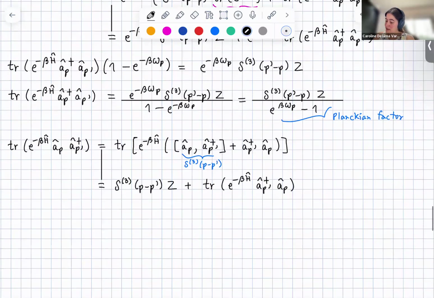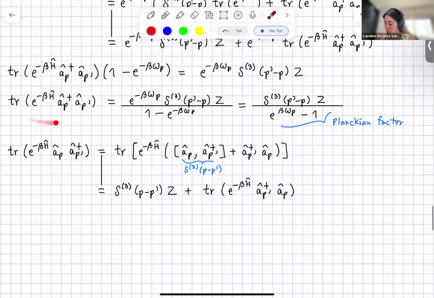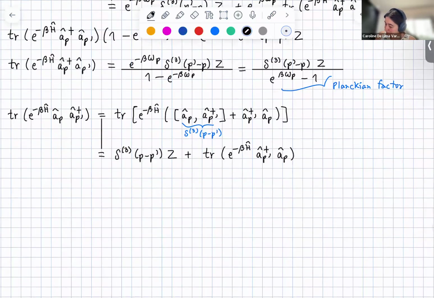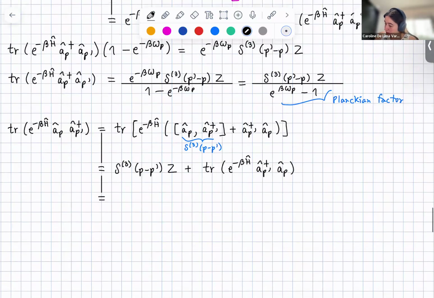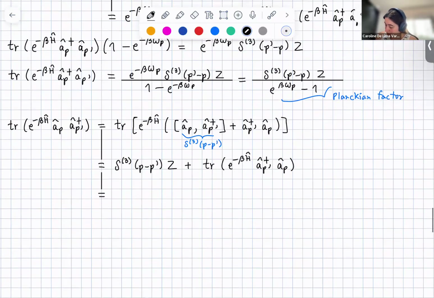A_P. But this is just what we just computed, right? We just have that this trace of e to the minus beta H times the creation on P, annihilation on P prime is going to be this. So the only difference between this and this one is that we have to swap the place of P and P prime, right? So what we have here, I can just write delta 3 of P minus P prime times that plus delta 3.